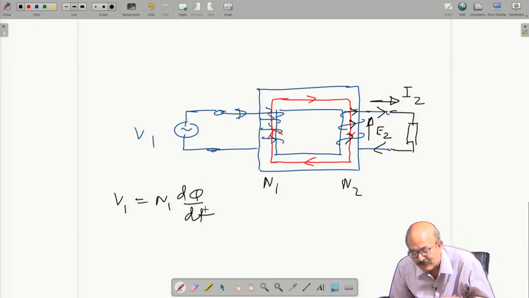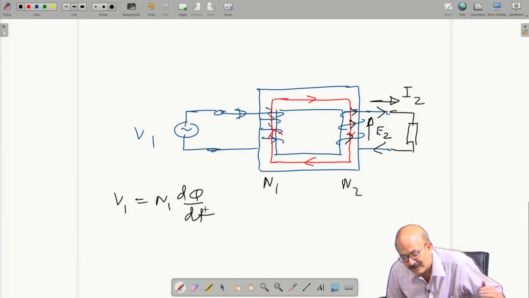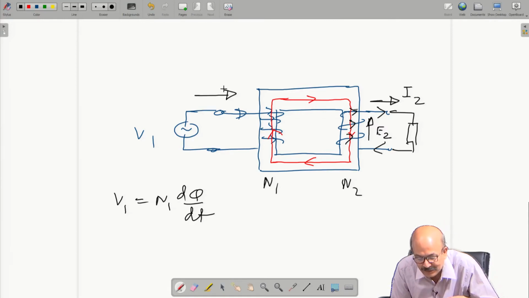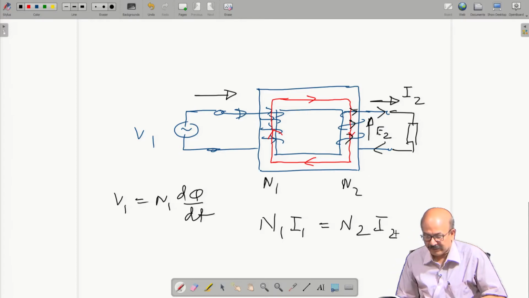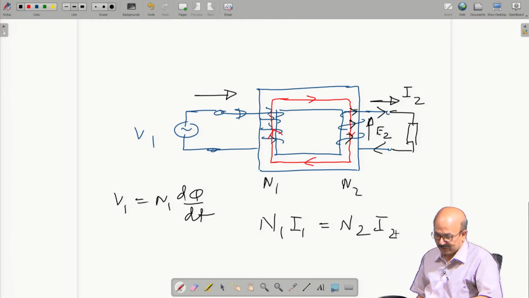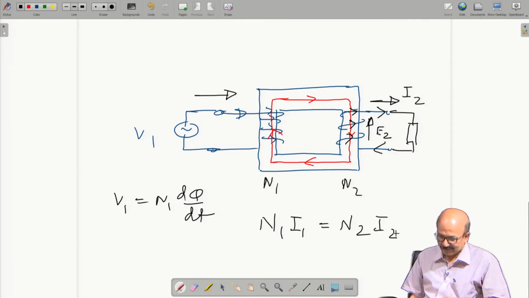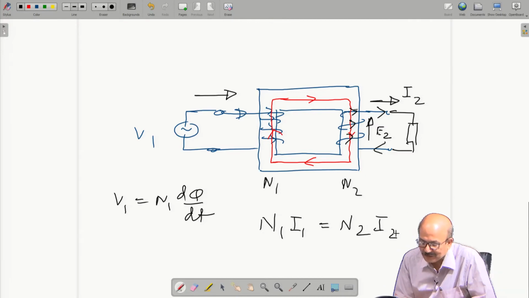So the decrease in flux will be arrested through an increase in current from this side. How far will the current increase? Such that N1 I1 is equal to N2 I2, because we are neglecting the negligible magnetizing current. So N1 I1 should be equal to N2 I2.